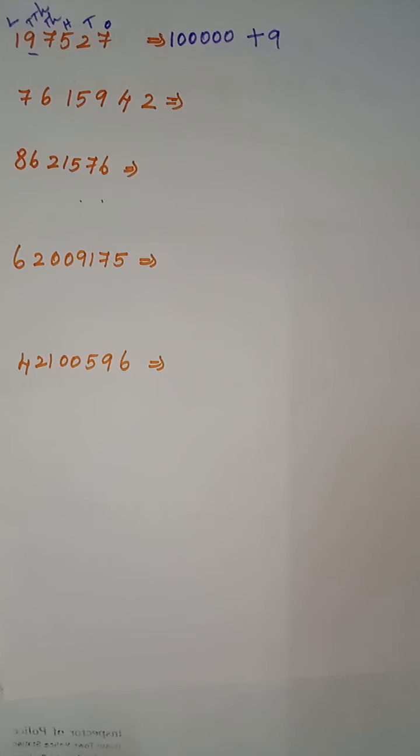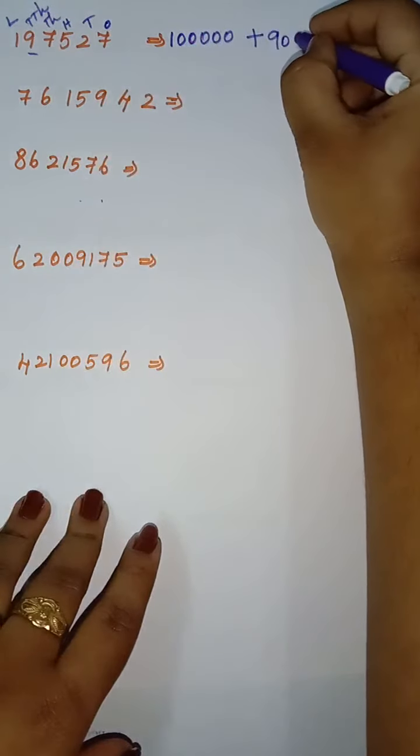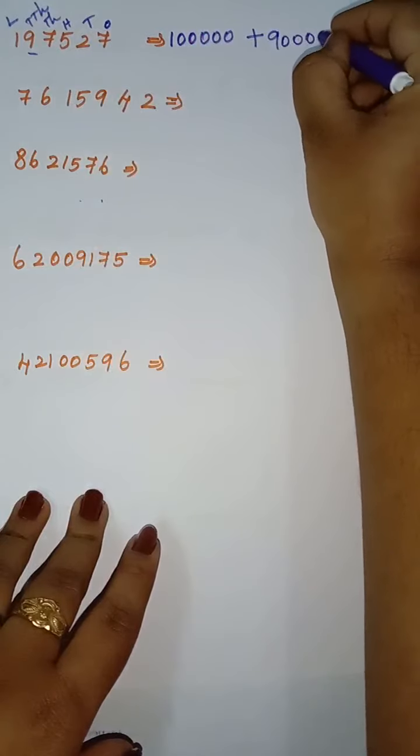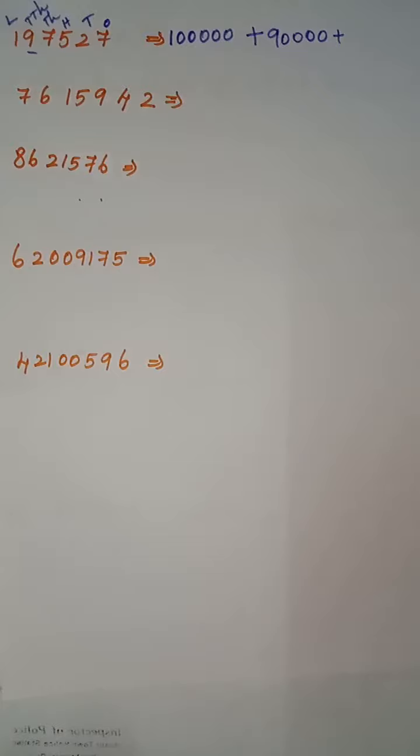This is a very easy process. So for 10,000 there will be 4 zeros: 1 2 3 4. By the help of that method we can easily do it.